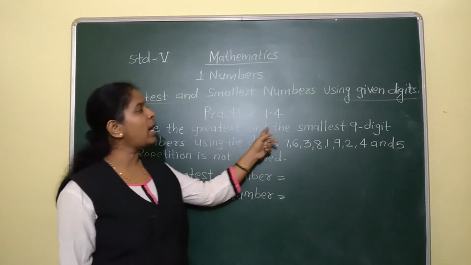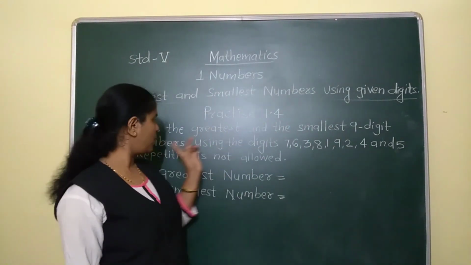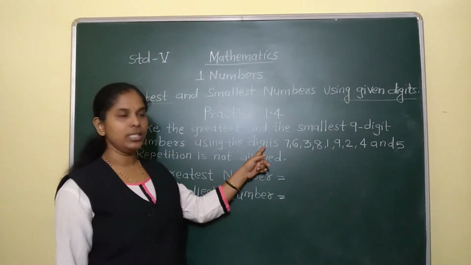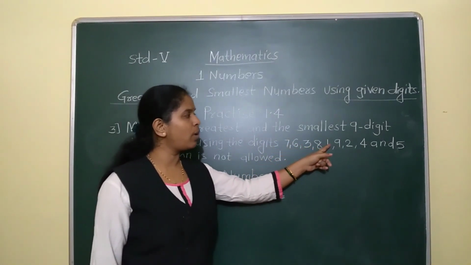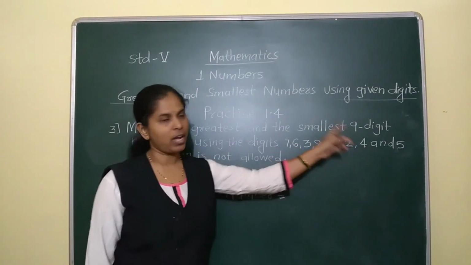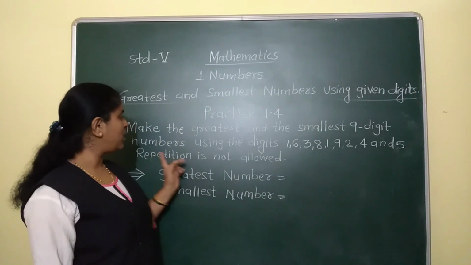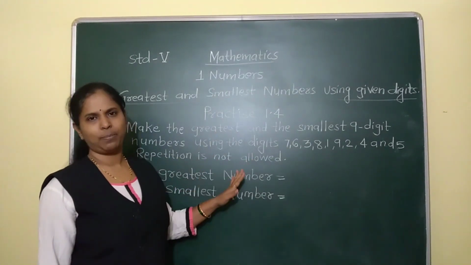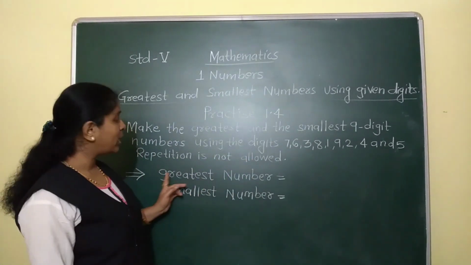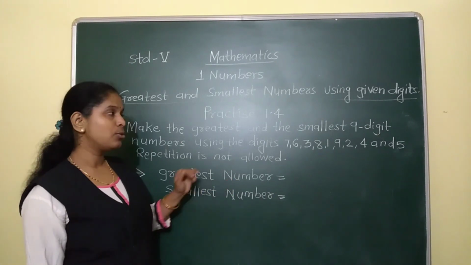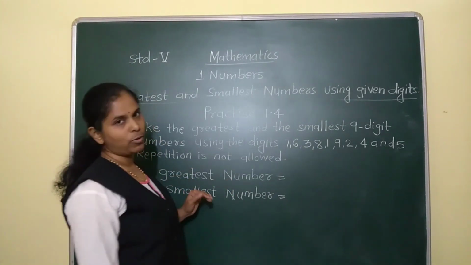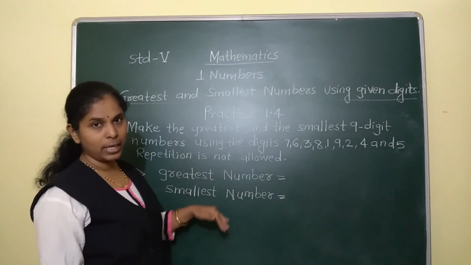Make the greatest and the smallest 9-digit number using the digits 7, 6, 3, 8, 1, 9, 2, 4 and 5. Repetition is not allowed. Again, same kind. So greatest number we will make. To write the greatest number, we have to arrange the digits in descending order.